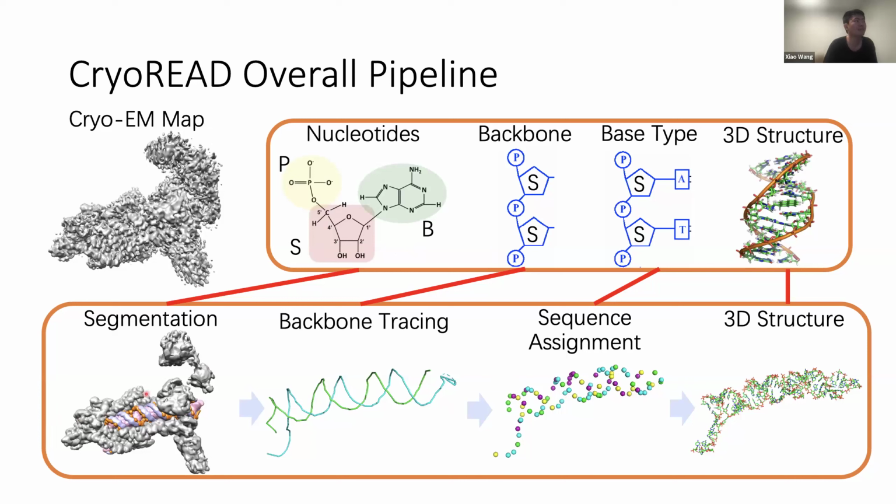Then we further use deep learning to detect the base types to assign different base types to different nucleotides, and then we deposit the standard nucleotides into corresponding regions to build the full 3D structures.